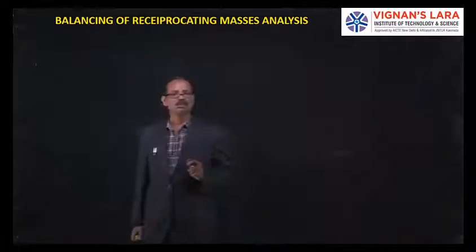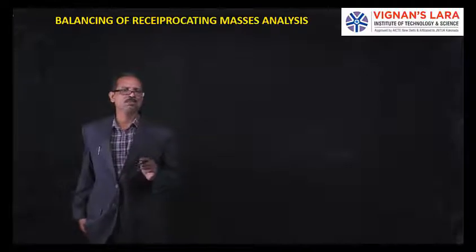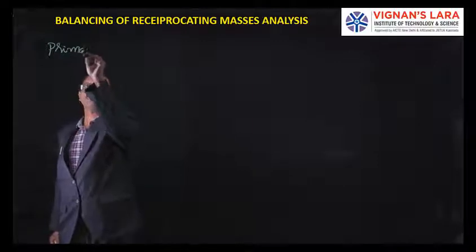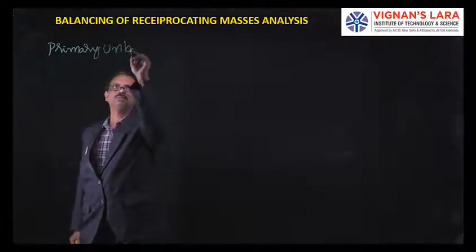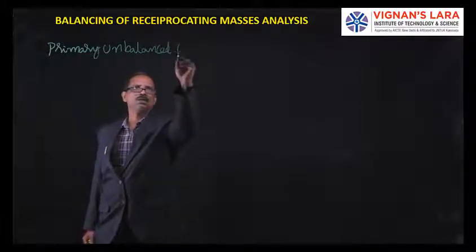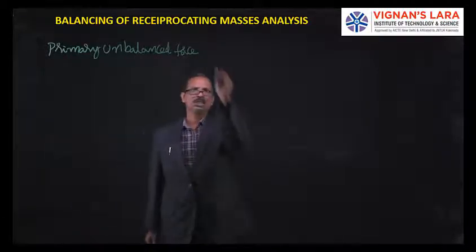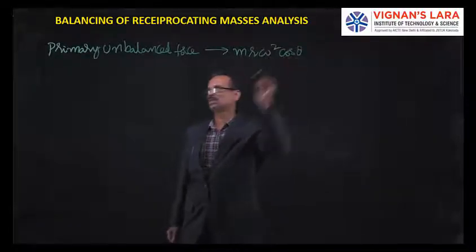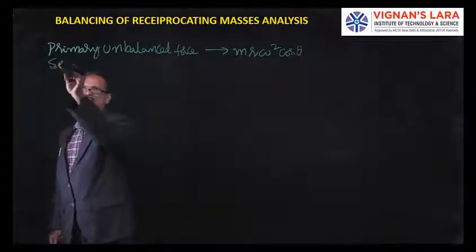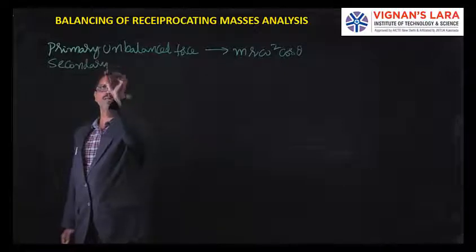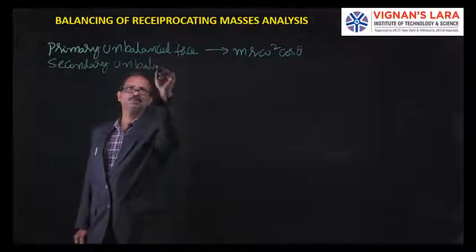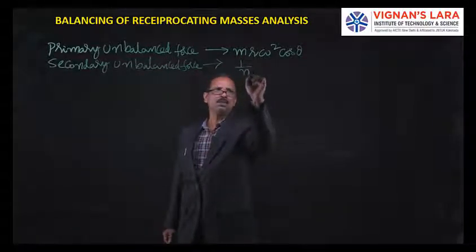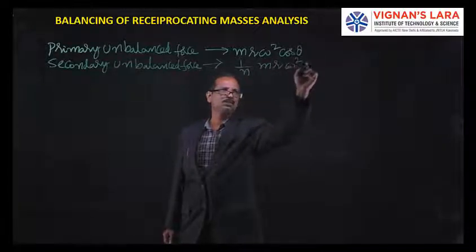So you have seen the unbalanced forces: the primary unbalanced force is m r omega square cos theta, and the secondary unbalanced force is 1 by n m r omega square cos 2 theta.